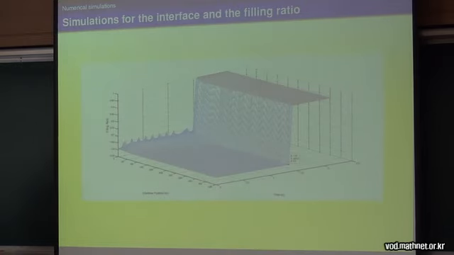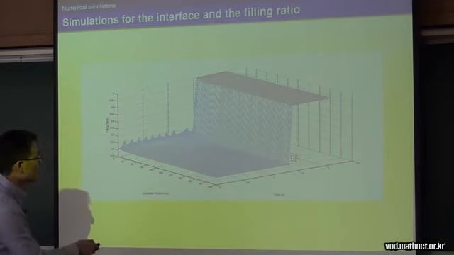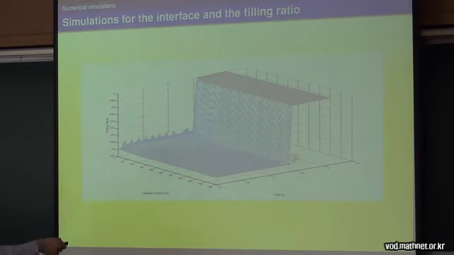And this is a 3D plot, this is the time evolution, this axis is time, which is not clear. This is the tube, the extruder. So you see the position of the interface goes to somewhere here.